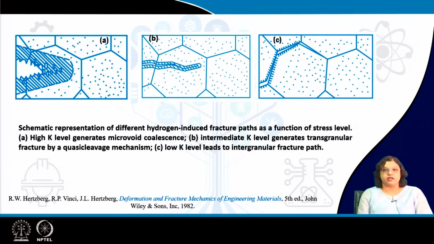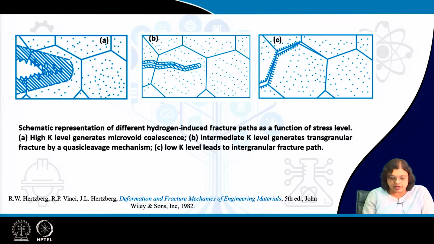But wherever it is, if we are changing the values of the stress intensity factor, that can also change the mode of fracture as well. The presence of the hydrogen generates the internal stresses and that will aggravate the cracking process.